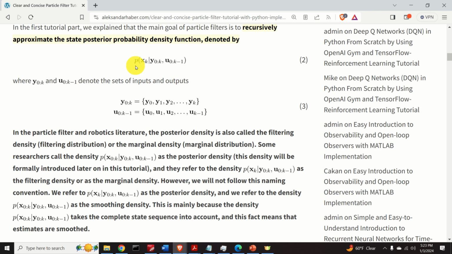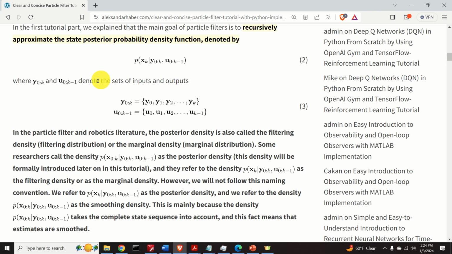Here, keep in mind that some researchers call this density, denoted like this, the posterior density. This density will be formally introduced later on in this tutorial, and they refer to our original posterior density, given over here, as the filtering density or as the marginal density.